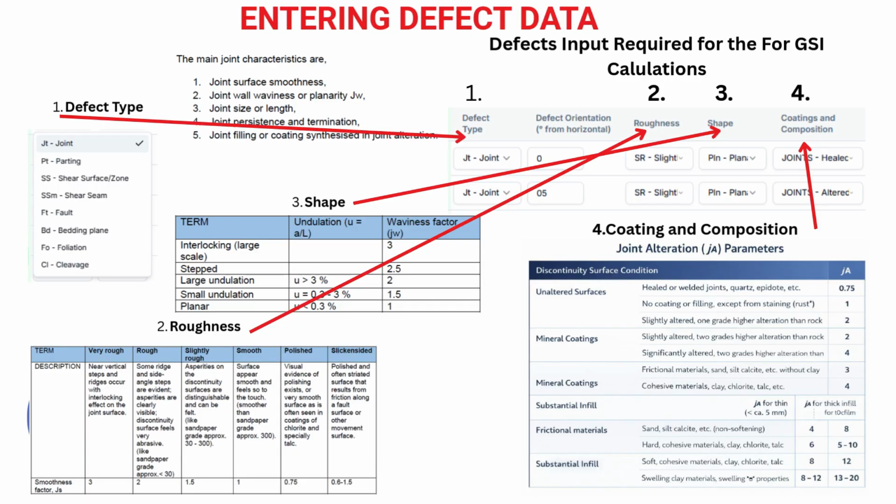Column 7 is about the defect shape. It describes the joint surface geometry, like planar, slightly undulating, and very stepped, and the details are as shown in table 3. Column 8 is about coatings and composition between the joints. Here we will input different types of coatings between the joints. All the details are provided in table 4.